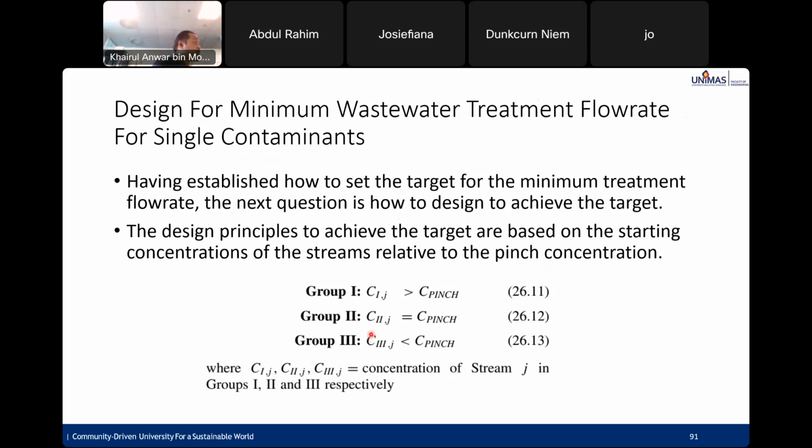So for group 1, group 2, group 3: group 1 is the concentration of stream J where C1 is more than the concentration of pinch, or above the pinch point. Group 2 concentration C2 is equal to the concentration of pinch, or the same level as the pinch. Next is below the pinch. So C3 is less than pinch.